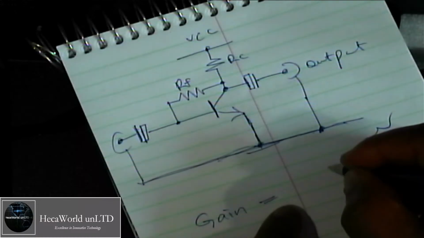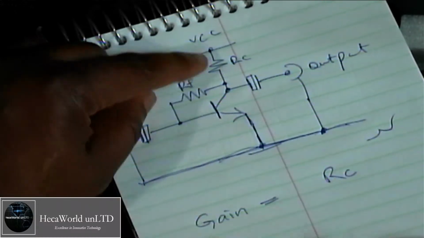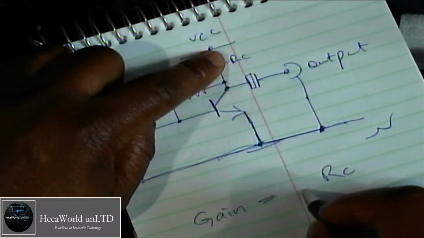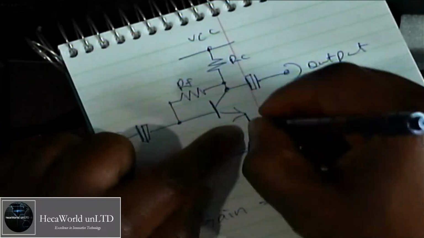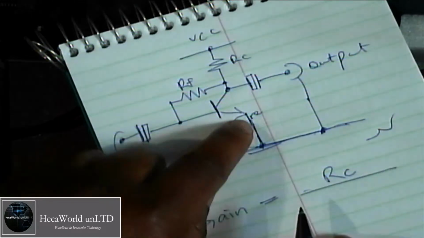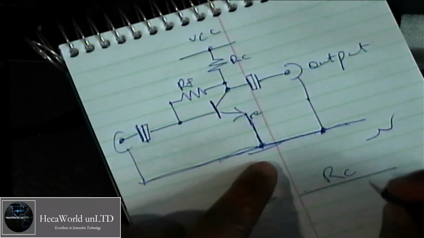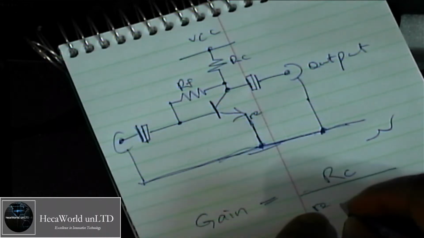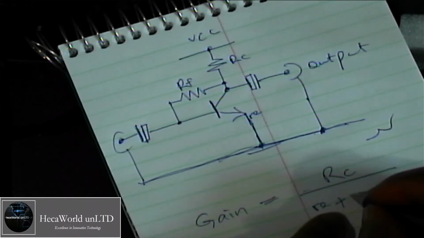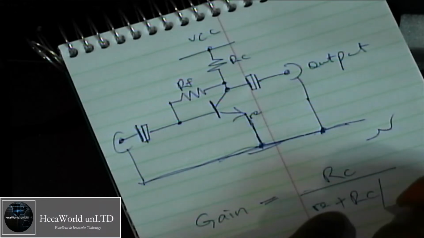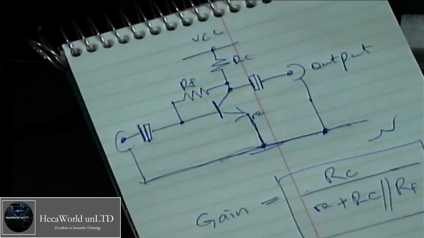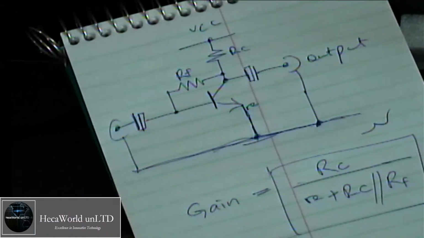The gain is RC, which is the load resistor, divided by RE, the small emitter resistance, plus RC parallel RF. So this would be a rough approximation of the gain.